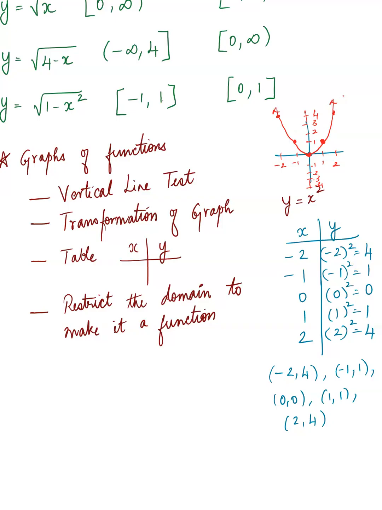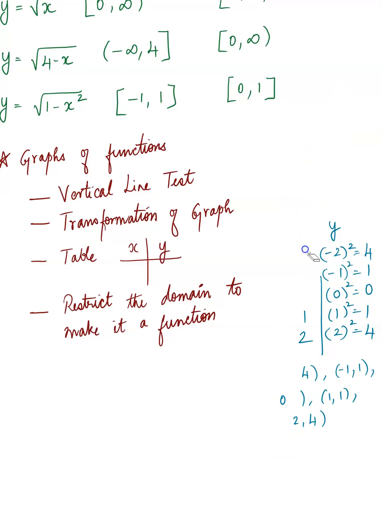So that is how you use the table to graph a function, and vice versa, right? A graph on the grid can be written as a table, and a table can be computed to help us to do the graph.